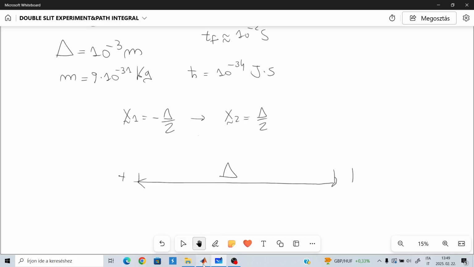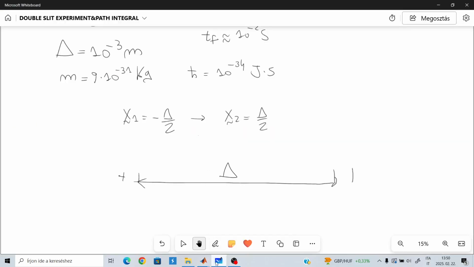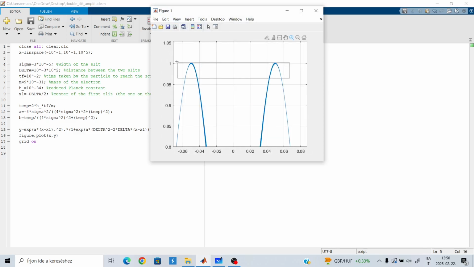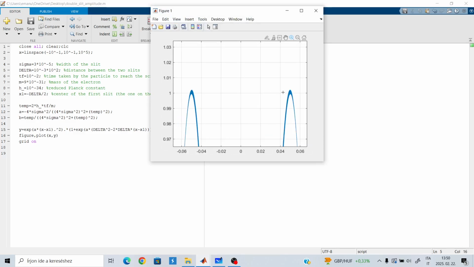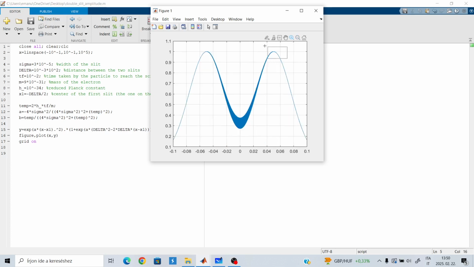And that's exactly what happens. For example, if I multiply this capital delta by a factor of 10 squared, which means that the overall delta is 10 to the minus 1, so we have pushed the two slits further away with respect to before, and I run the script in this manner, you can see that we only have two maxima of the probability, which are peaked at minus 0.05, and the other one is of course at 0.05, if we check.